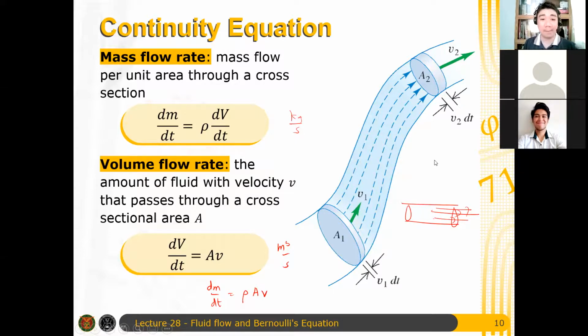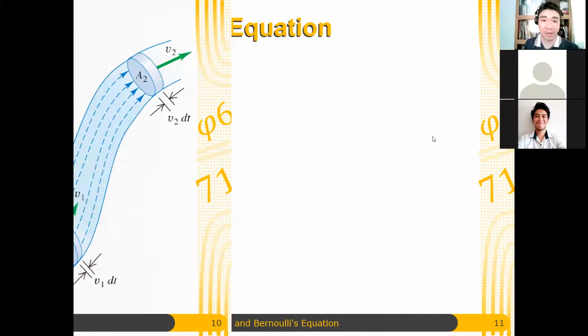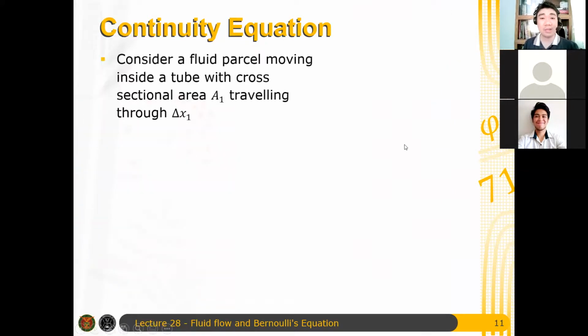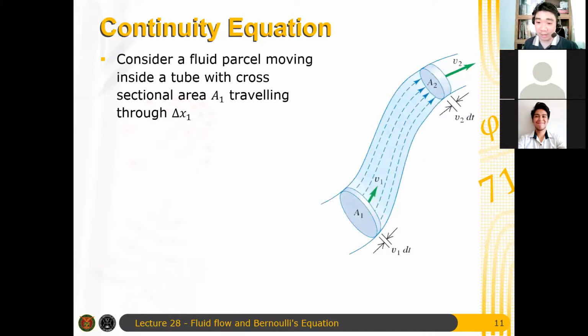Because, apparently, you can obtain an expression for the continuity equation. So you can think, as I said, we consider a fluid parcel that's moving inside the tube with cross-sectional area A1 traveling through delta x1. This is just the drawing in the previous slide.